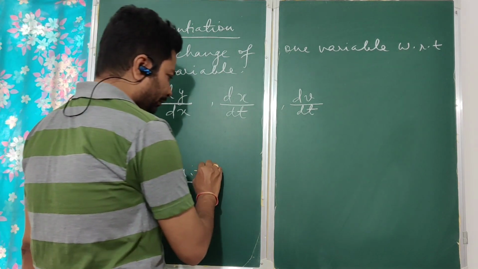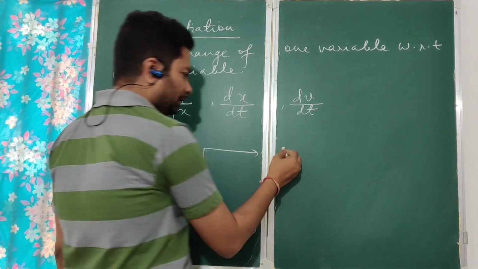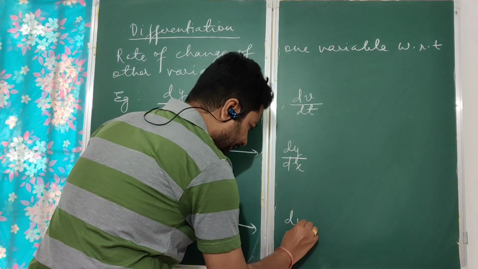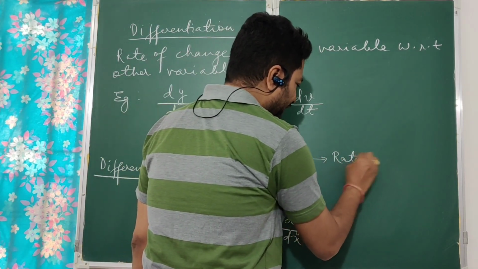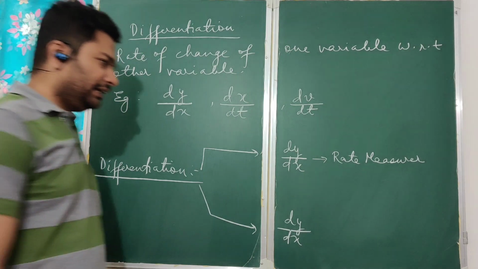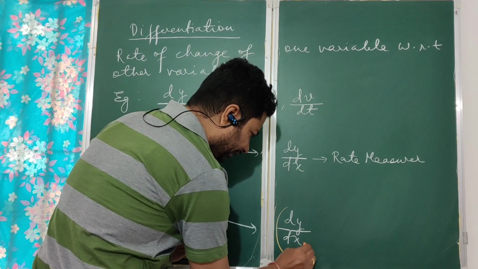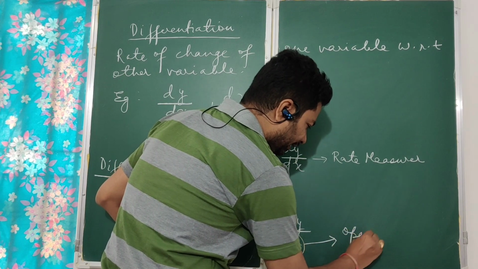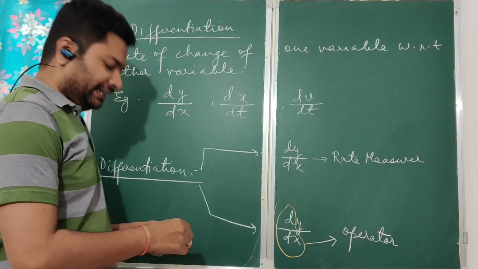In the first case, dy by dx, you can take it as a rate measurer, and in the other case you can consider this d by dx of y, this d by dx, as an operator. So what does this operator do? It acts as a machine.